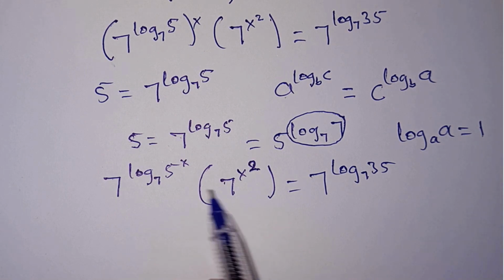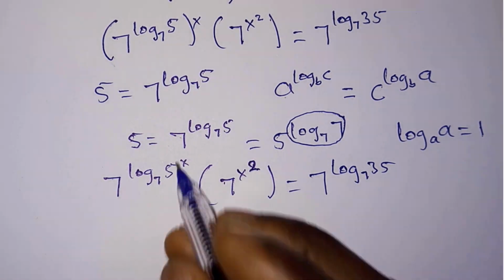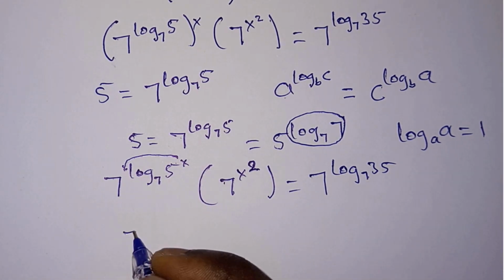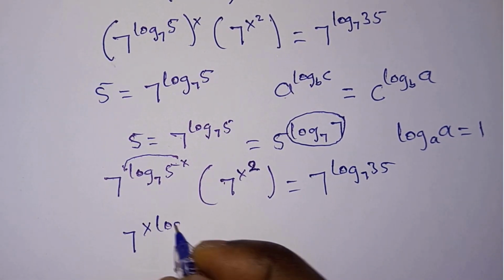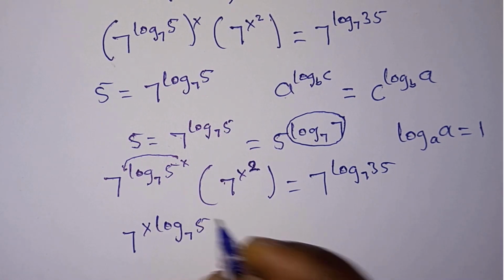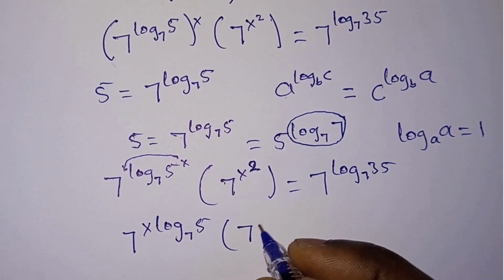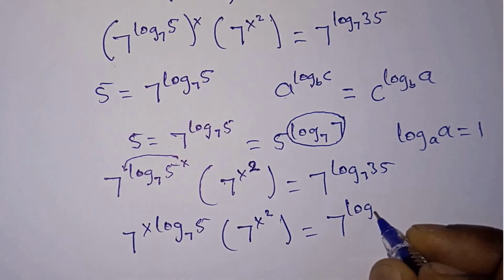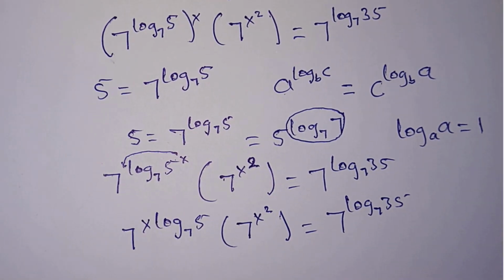Now from one of the rules in log, the exponent now becomes the leading number. So we just bring this x here. We have 7 to the power x log in base 7 of 5 times 7 to the power x squared is equal to 7 to the power log in base 7 of 35.